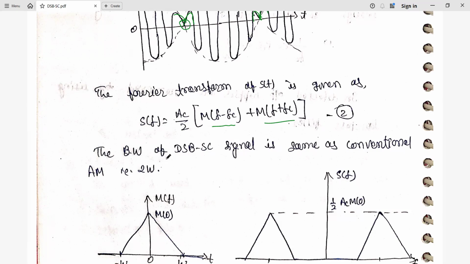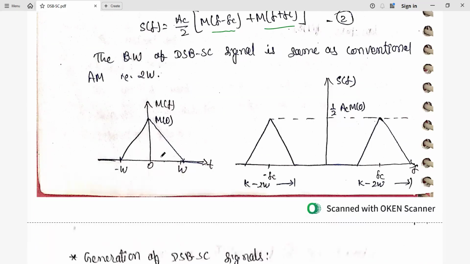Now in this spectrum, the message signal or baseband signal is considered to have bandwidth 2W. In the spectrum we have fc plus fm, or here you can write fc plus W and fc minus W. Similarly here minus fc plus W and minus fc minus W.